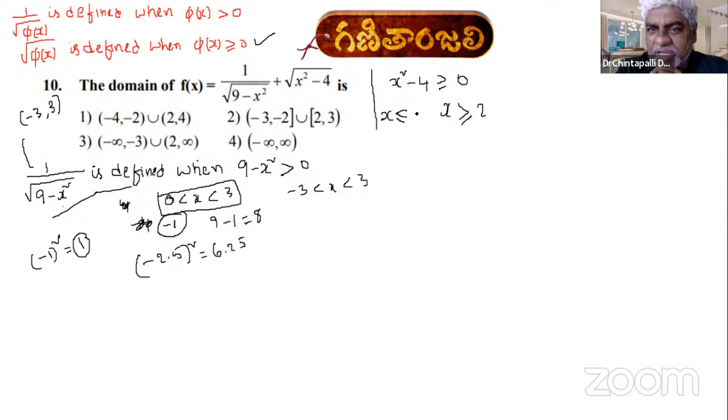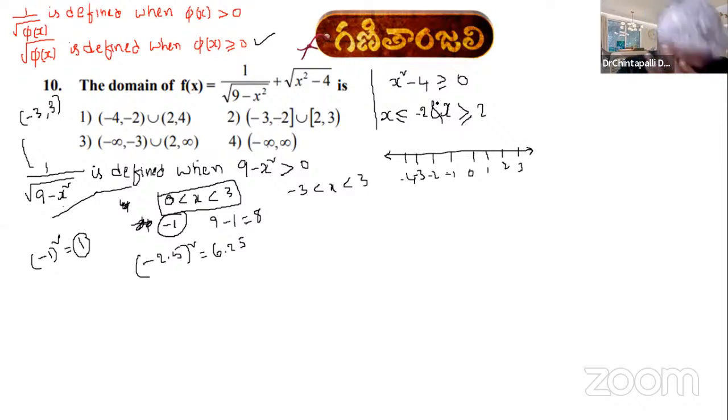and less than or equal to minus 2. See, in number line, 0, minus 1, minus 2, minus 3, minus 4. If you go to left, those are the smaller numbers, right? For example, take any number less than minus 2.